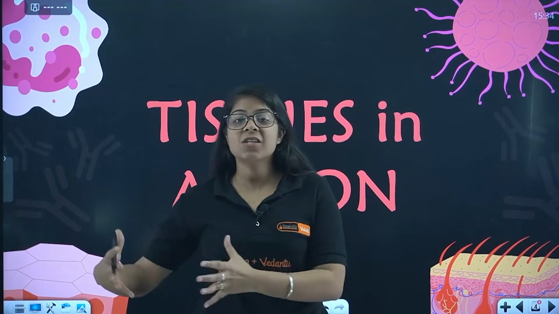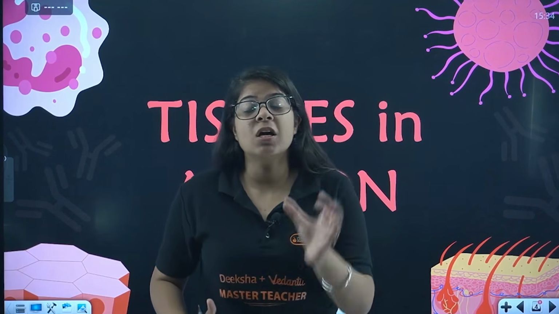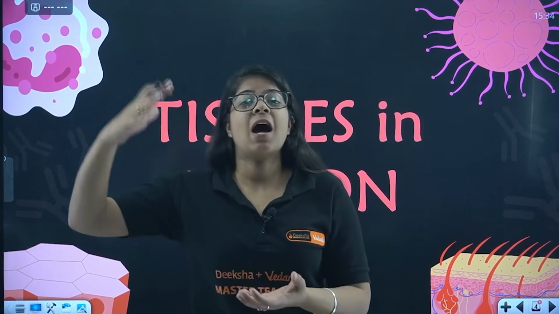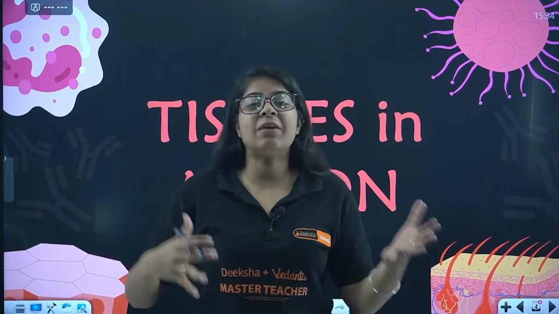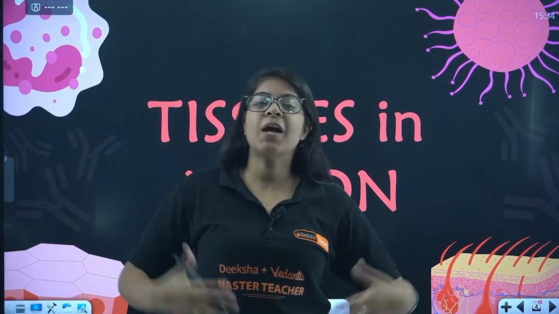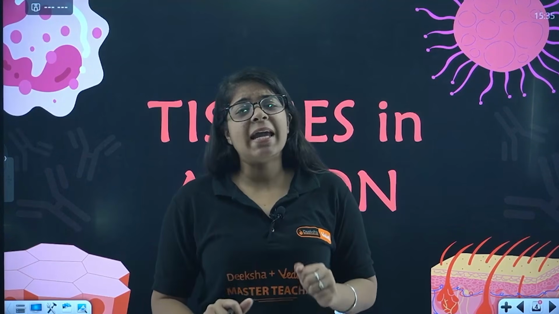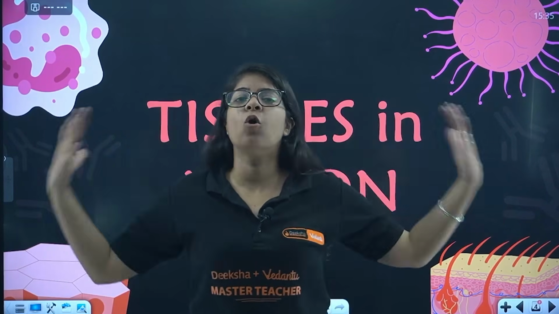See, in the last chapter we studied about cells, right? And we talked about how cells are the basic building blocks, the bricks of our houses. Similarly, they were the building blocks, the bricks for our whole organism, our whole body. Now beta, can I just place a few bricks and a whole house will be built?